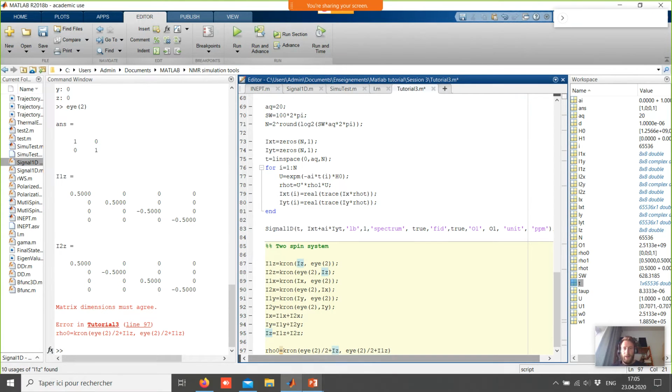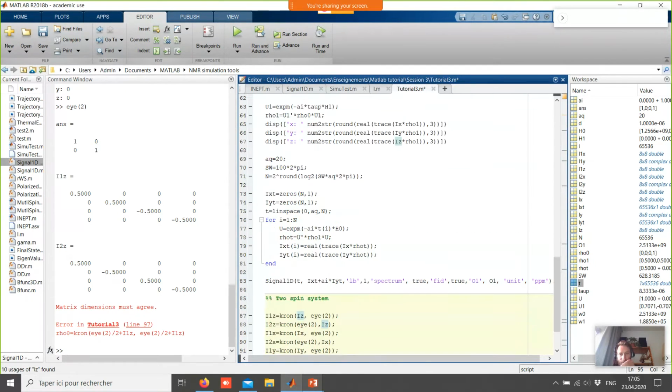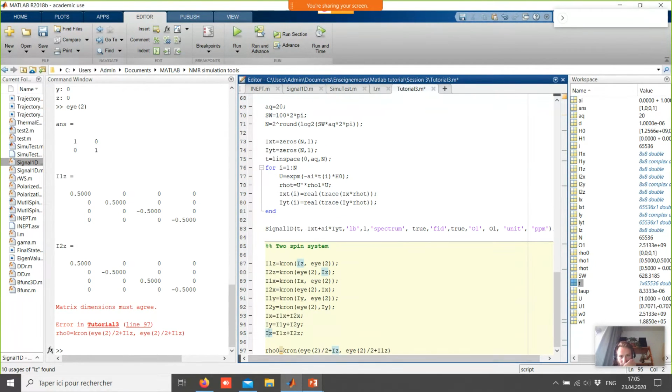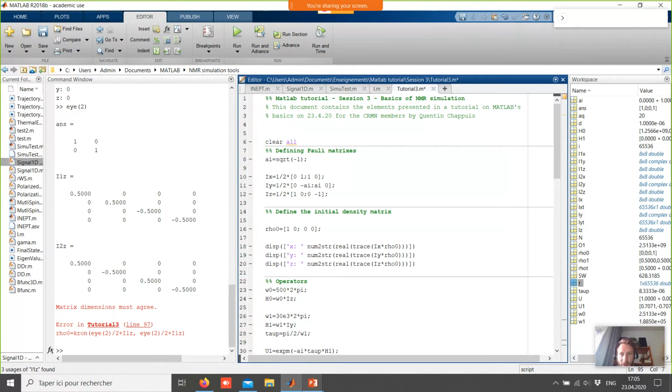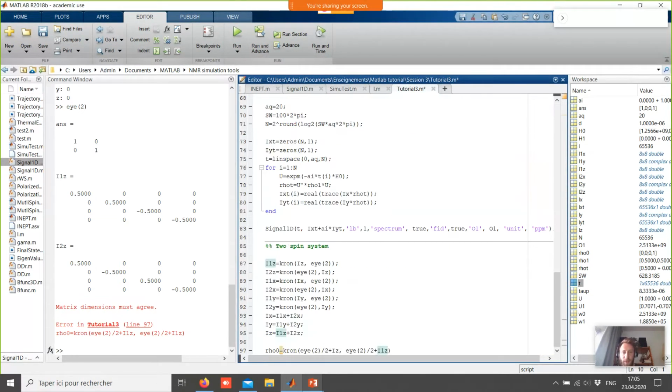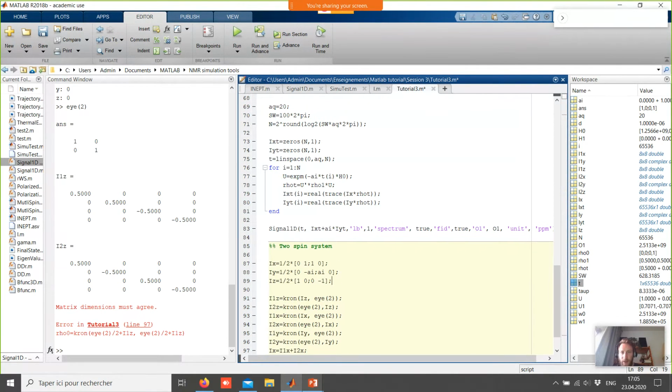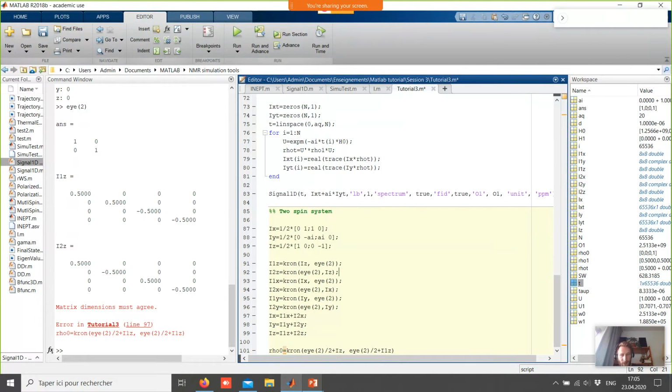So if I run the code, I made a mistake. Oh, yes, here I have a problem. I have defined IZ, and when I run the code again, I have overwritten I1x and these functions. So if I run this code again, now it should work.